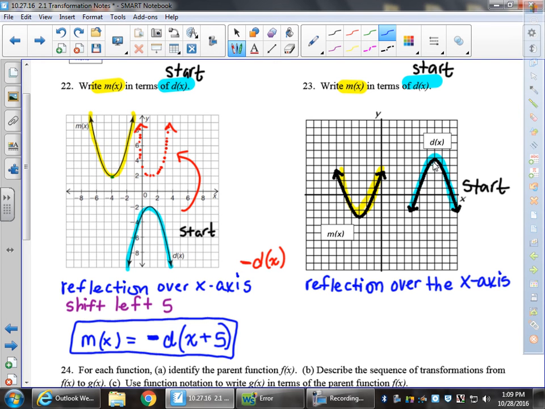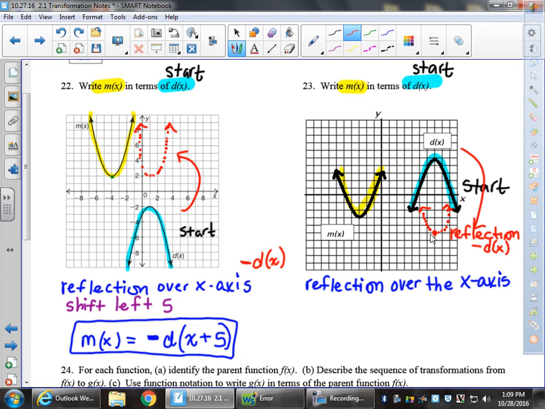So first what happened was this was flipped. First we had a reflection, so we know that that will be a negative out front. Now, to get from the original reflection, we are actually going to have a horizontal shift and a vertical shift. So this was the reflection, which will be negative d of x.